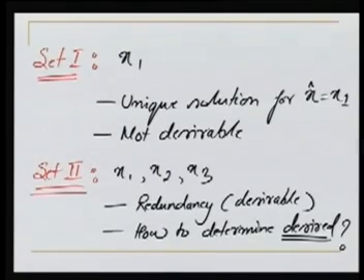In the first set we have taken only x1, and what we know, if you are taking only x1, our solution will be unique, meaning our estimated value is equal to x1. Only one observation we have taken. We just observed it once, so we can't say anything else about that length of the line except that observation. So our estimate of that observation, or we can say adjusted value, the final value, is equal to the observation.